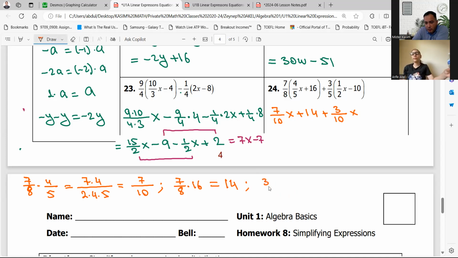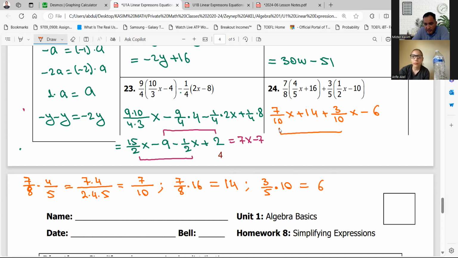Zainab, can you tell me what is 3 over 5 times 10? 6. Very good. So that is minus, because plus times minus is minus. Here we have 6. And can you do this mentally, Zainab?